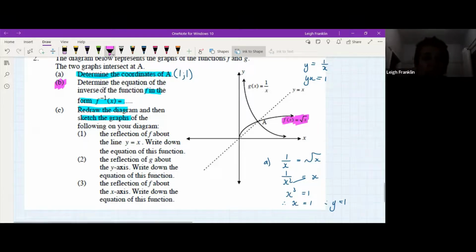So the equation of our inverse, we would have to swap these two around. If we've got y equals root x, then x equals root y. Now I would have to square the left-hand side and the right-hand side, and that means I would end up with y equals x squared. So it's just as, who was it that put it in the chat?